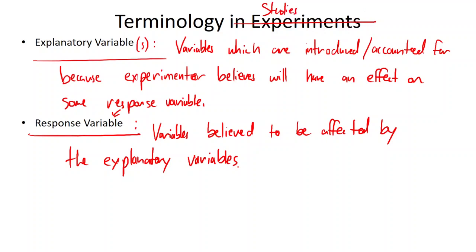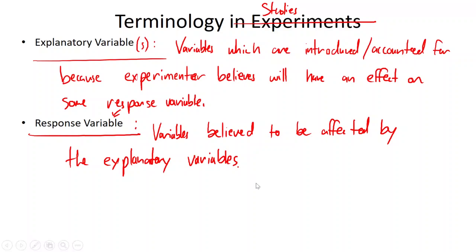They're usually more well-defined or controlled in experiments, but you can have explanatory variables and response variables in observational studies as well. So these are the things we think that if you mess around with, you could change things, and these are the things we think will actually change. That's the difference between explanatory and response.